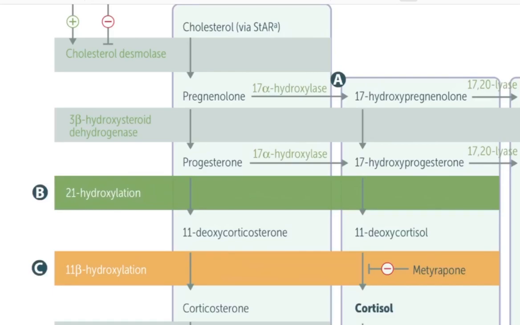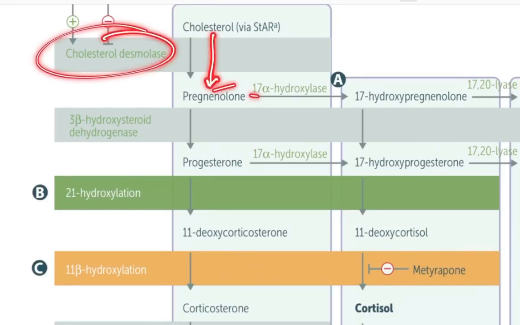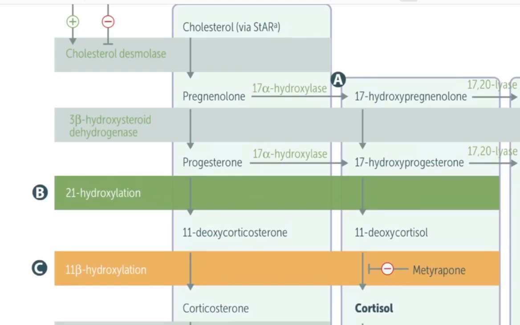Is it clear? Cholesterol to pregnenolone by cholesterol desmolase. Then pregnenolone is converted to 17-hydroxypregnenolone by 17-alpha hydroxylase. And then this 17-hydroxypregnenolone is converted to 17-hydroxyprogesterone by 3-beta hydroxysteroid dehydrogenase. Is it clear?